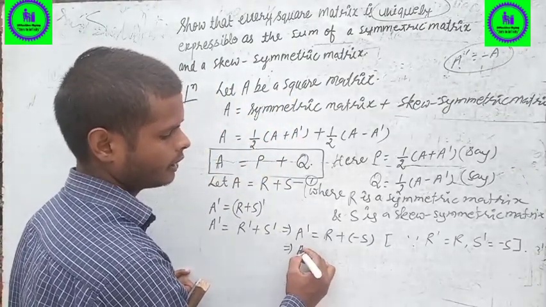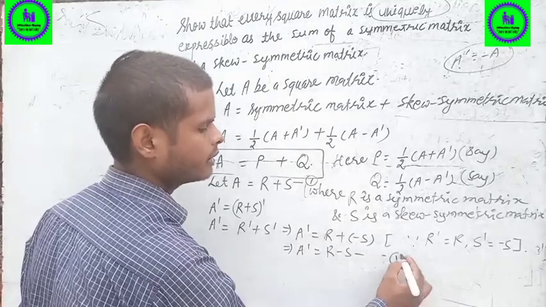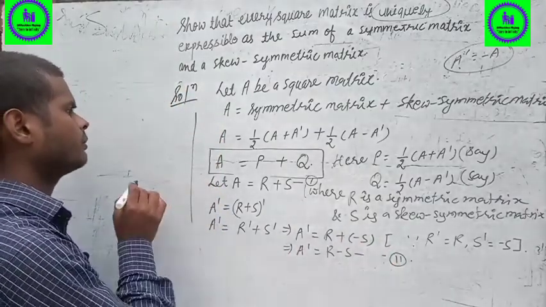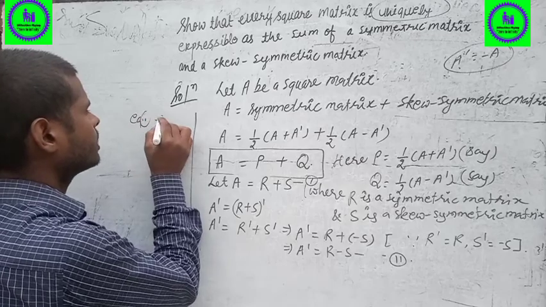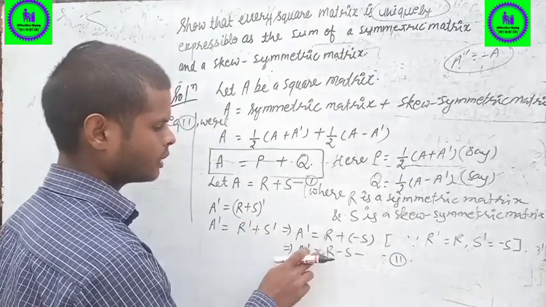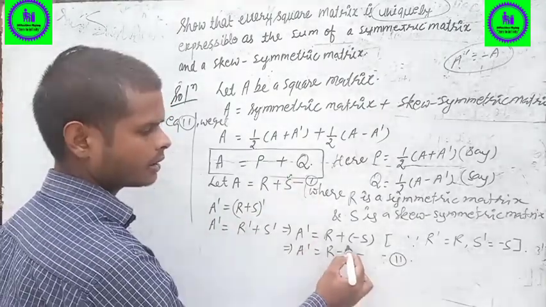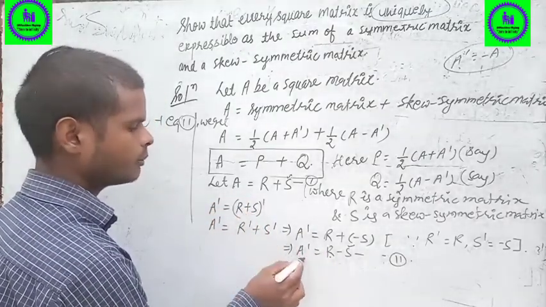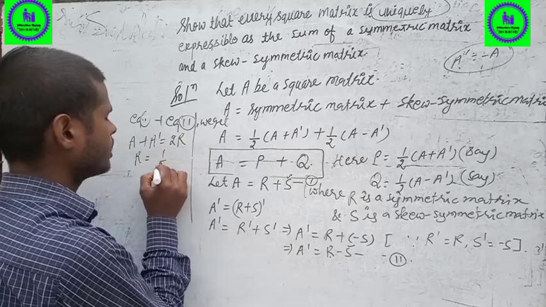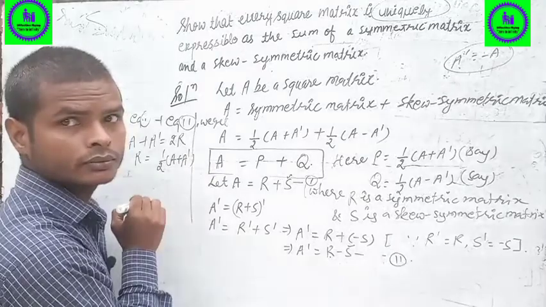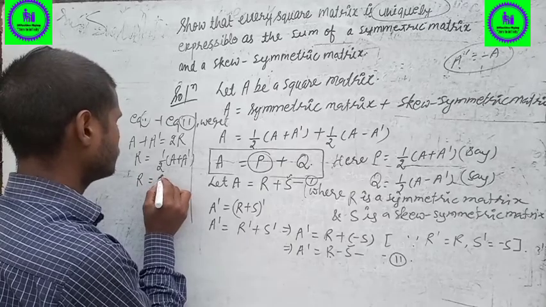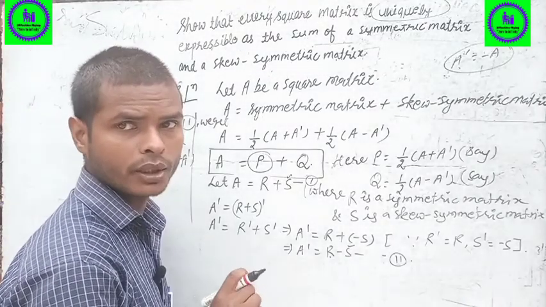We get A dash is equal to R minus S. This is equation second. Now adding equation first and second, we get R plus R, 2R, S cancels, so A plus A dash is equal to 2R, and R is equal to 1 by 2 (A plus A dash). It means this value is equal to P, R is equal to P. It means it is a unique value.